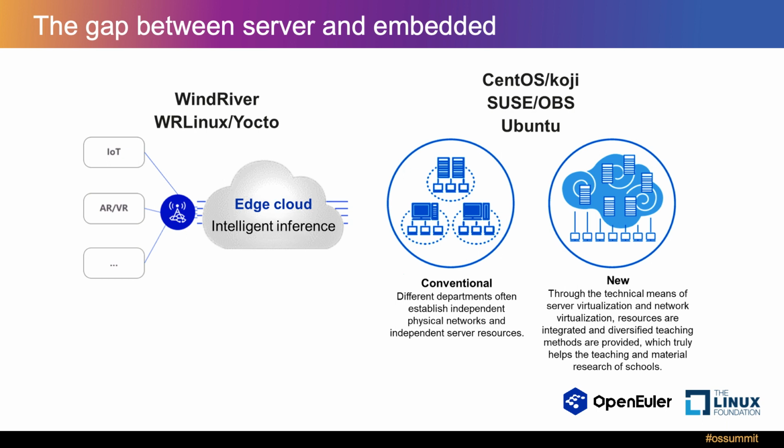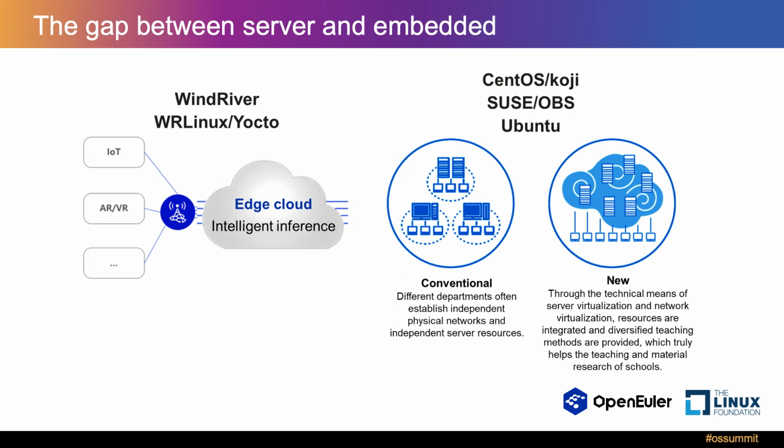In this side, we currently care about things like virtualization and how to release compute power on different architecture, like we just mentioned. Currently, the main tools we use to build the OS is from the OBS from the openSUSE community and things like Koji.